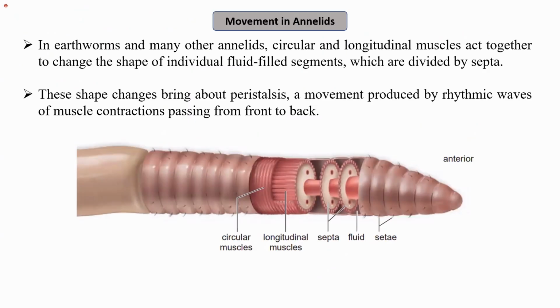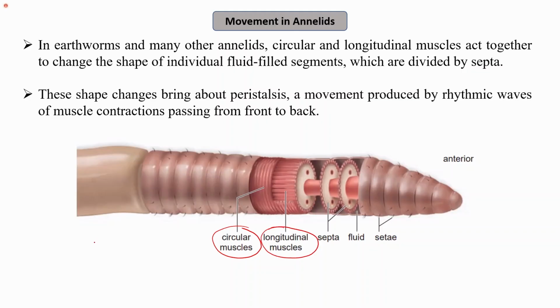So how does the movement in annelids take place? We learned that they move with the help of the hydrostatic skeleton. How is it helping in the movement? In earthworms and many other annelids, there are 2 types of muscles present. One is circular muscle and another one is the longitudinal muscle.